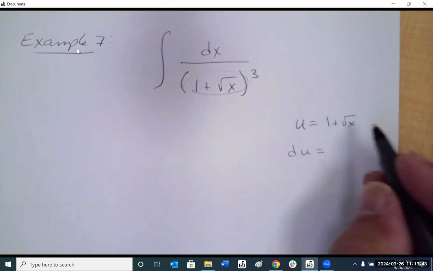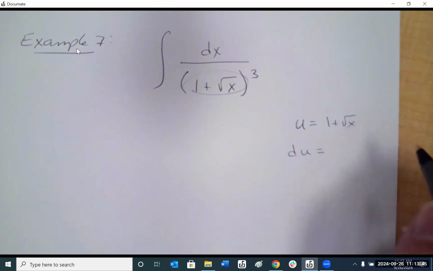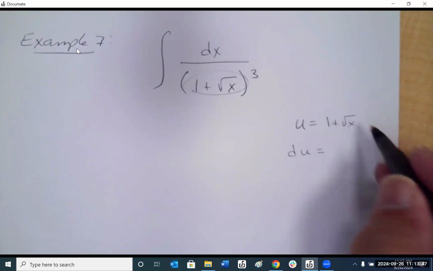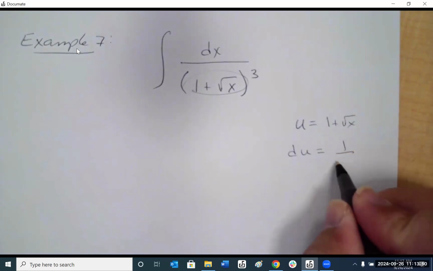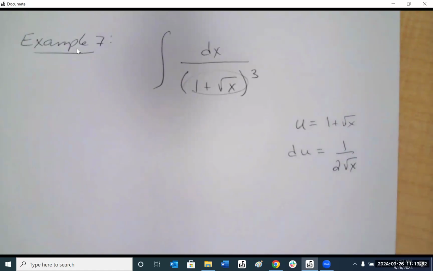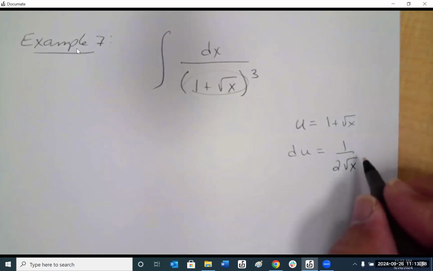So the derivative of 1 is 0. What's the derivative of x to the 1/2? It's 1 over 2 square root of x dx.